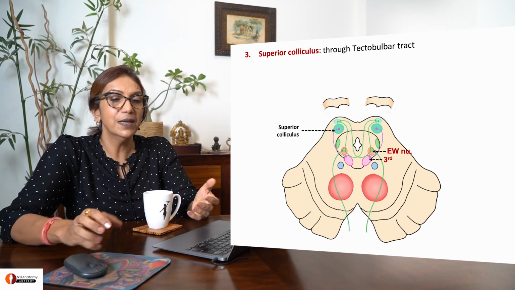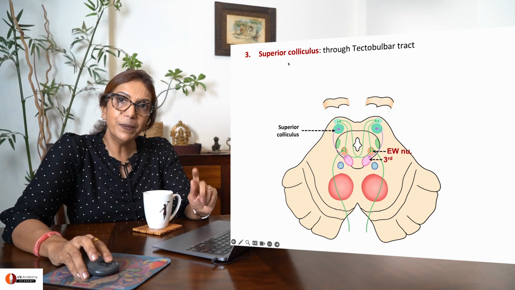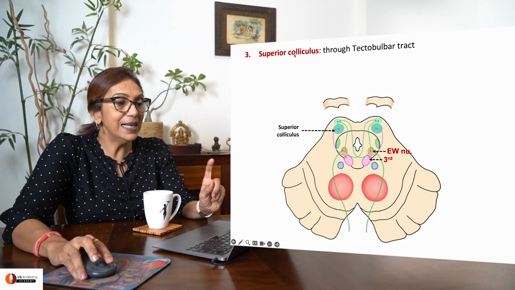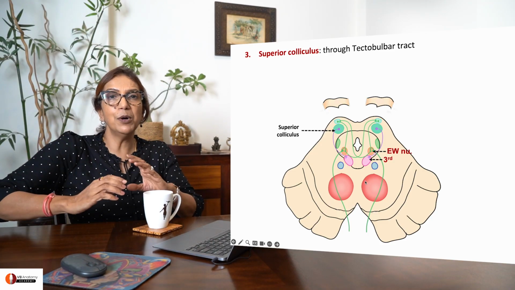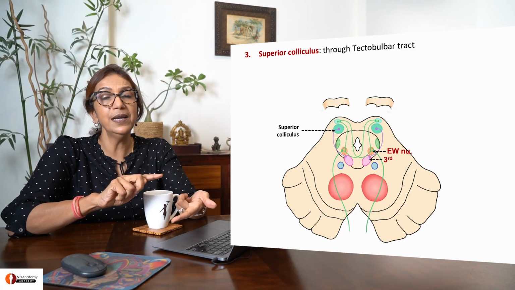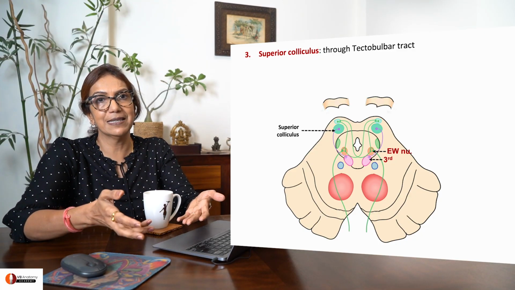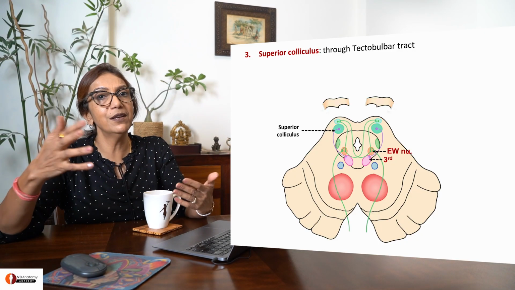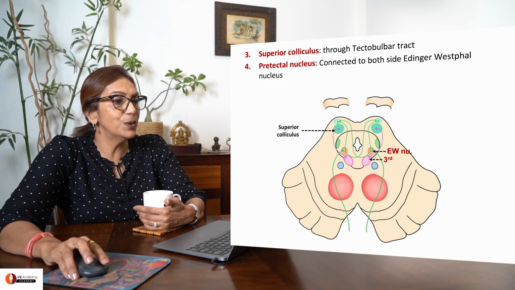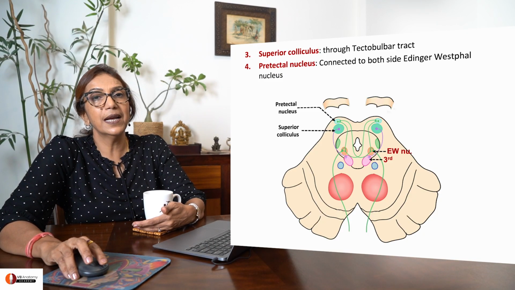This happens because the superior colliculus has connections to your oculomotor nucleus. While it is bringing about body movement, it is also informing the eyes to move accordingly, the body visual reflex, or visual body reflex.